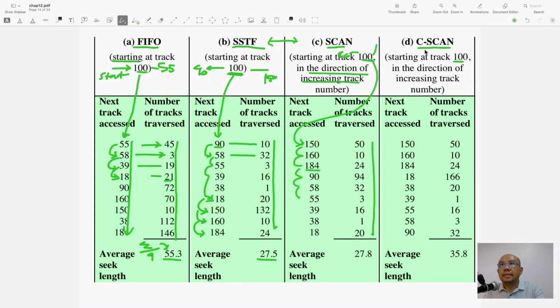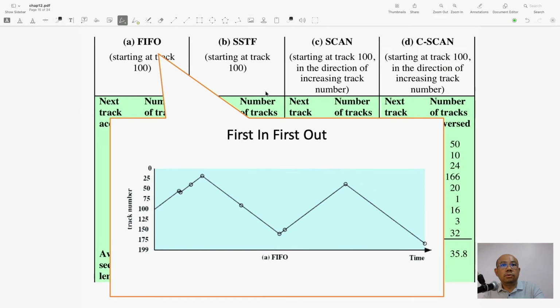The fourth is C scan. Here I show you first in first out. In this picture, it is a part of the head of the hard drive movement.